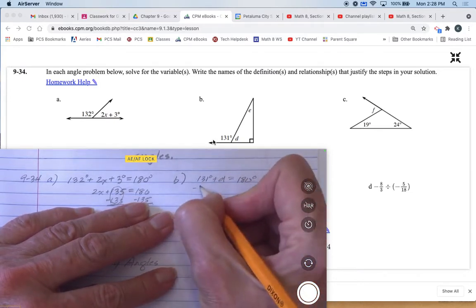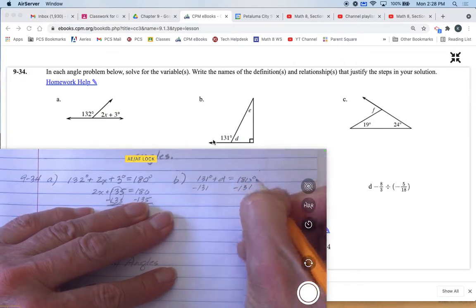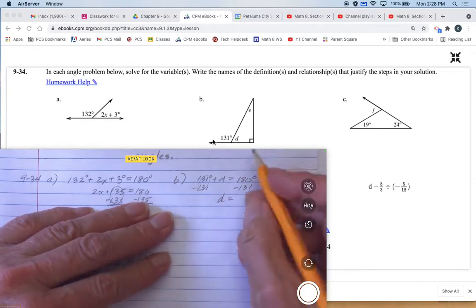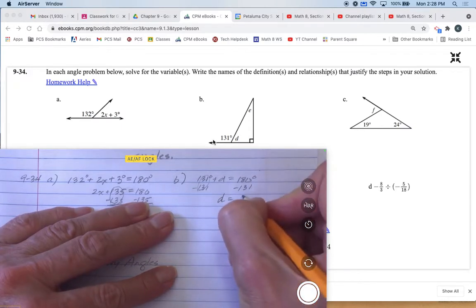And then I can just solve this by subtracting 131 from each side. This zeroes out. D is left over here by itself. And then 180 minus 131, let's see, that's 50 minus 1 is 49 degrees.